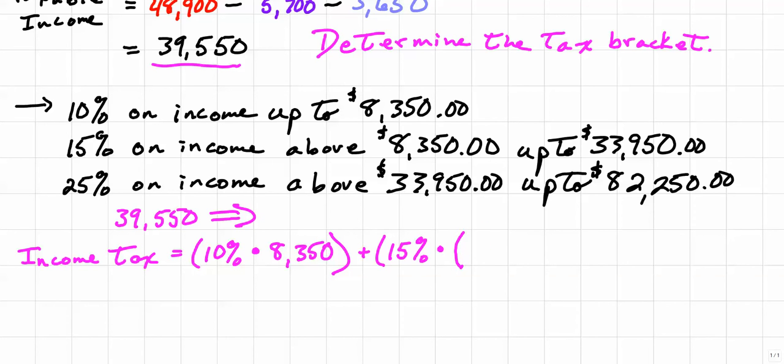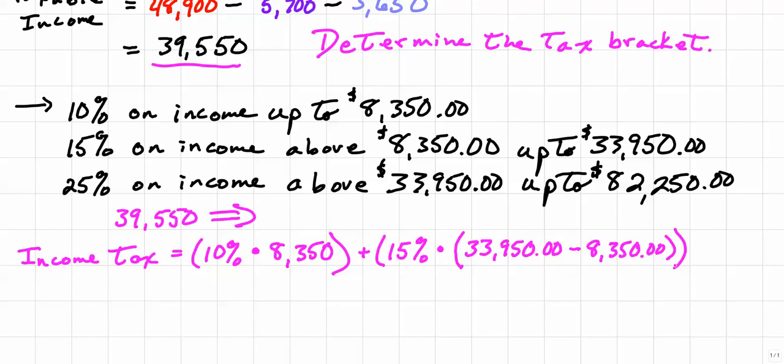I'm taking $33,950 because that's the upper limit of the 15%, and I'm going to subtract the upper limit of the 10% of $8,350.